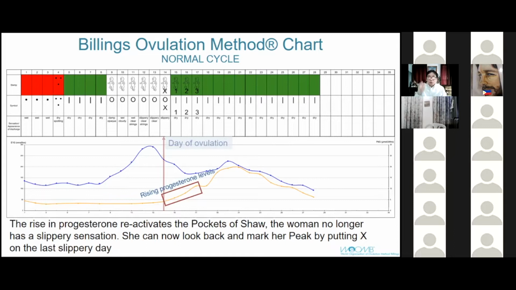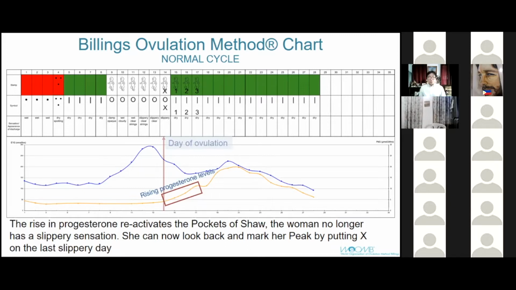The corpus luteum after ovulation will release the hormone progesterone coming from the ovary. And that progesterone will activate the packets of Shaw and will make the packets of Shaw very active in absorbing moisture, making now the sensation no longer wet, no longer slippery.